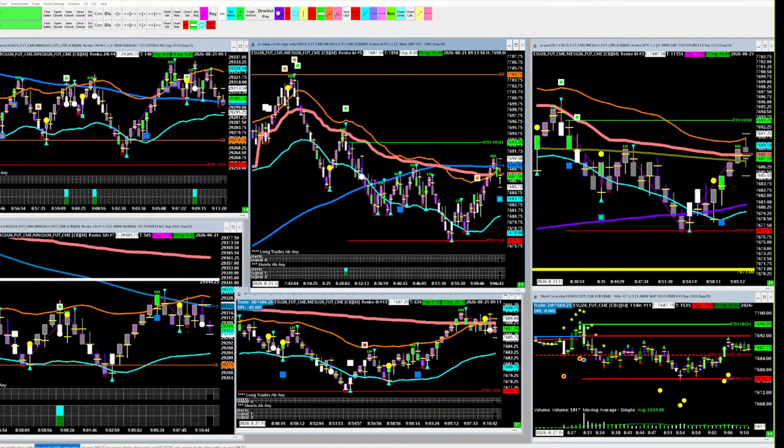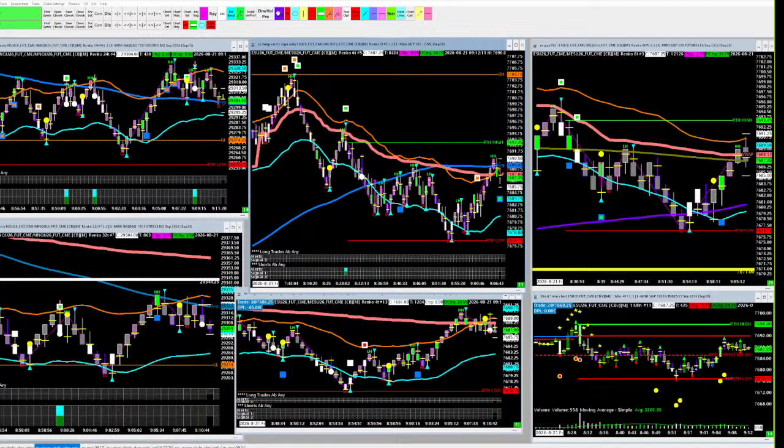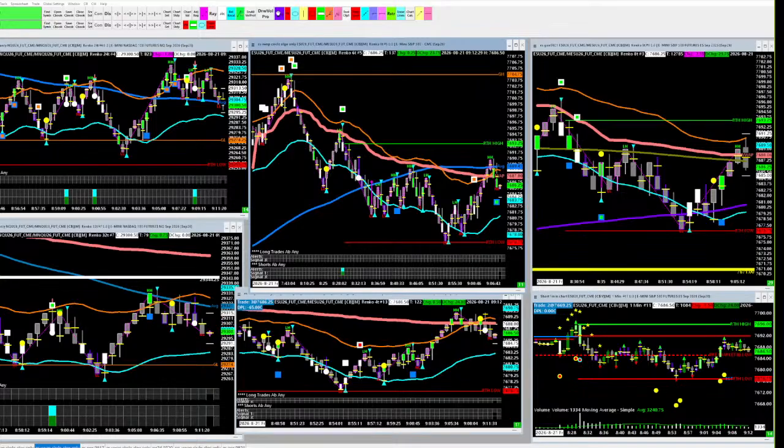Wow, look how slow the pace is. Whatever trade you take today is going to probably require some patience, at least so far this morning.